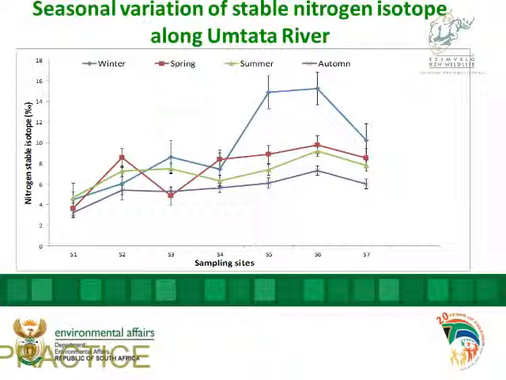The signatures decreased from winter down to autumn, and that was attributed to ecophysiological adaptations of macrophytes to seasonal changes, and to the fact that macrophytes respond differently to seasonal changes. We had that low peak there at Site 3.